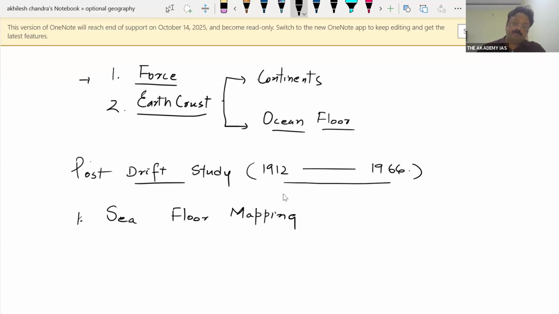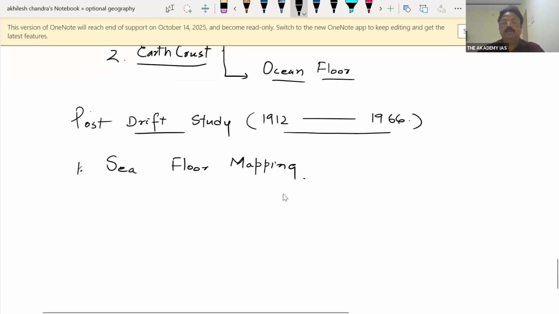Sea floor mapping was done, and then other things were done. I'm just going to help you understand what the post-drift study is, what studies were made in this phase, and how we were able to reach plate tectonics.